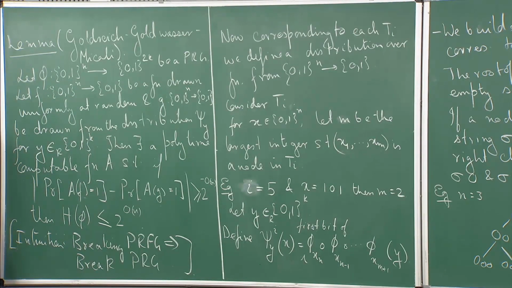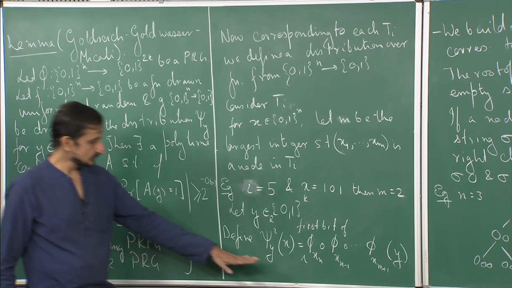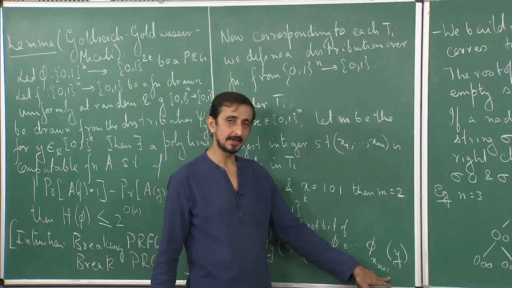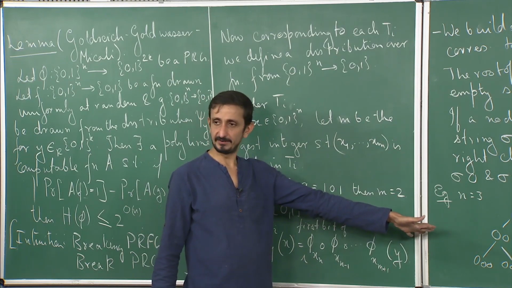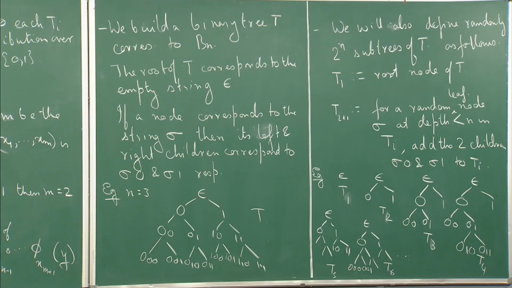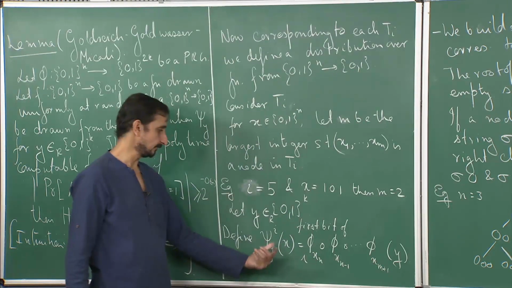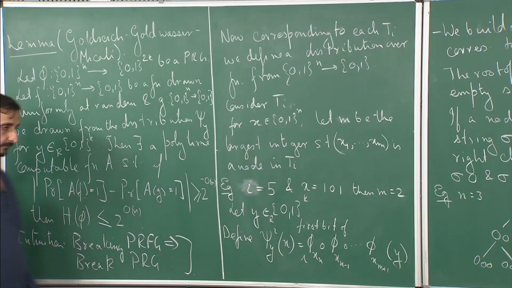Note what we are doing. Till m, I basically have my tree Ti. After that I am using the function phi to get the value of psi_i y.